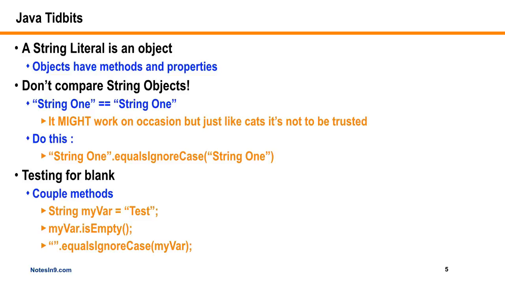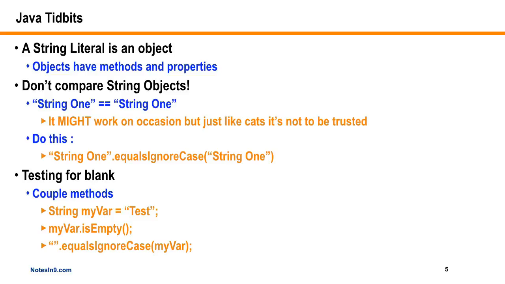For testing for blank, I mean, there are a lot of these methods. I believe he just missed it at the time he recorded, but there is an isEmpty method on the string. So if you declare a variable, you could do myVar dot isEmpty, and that'll return a boolean, true or false, whether it's blank.